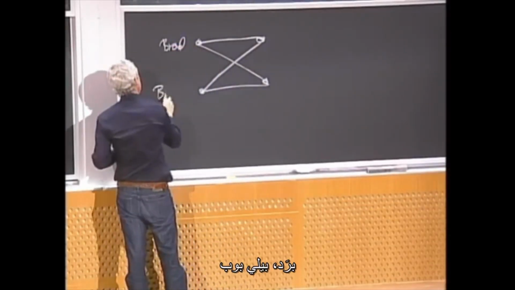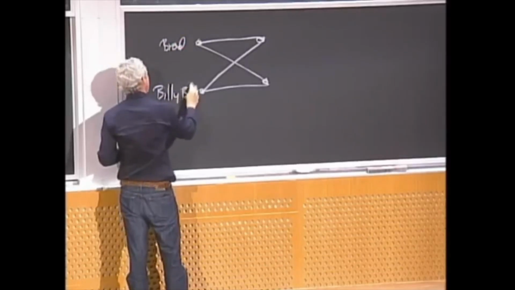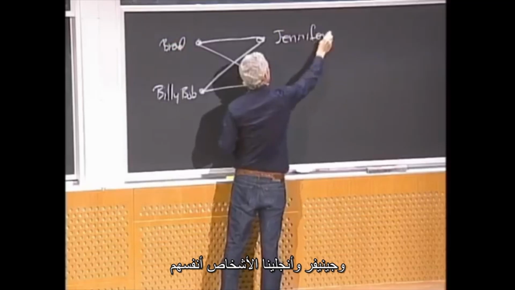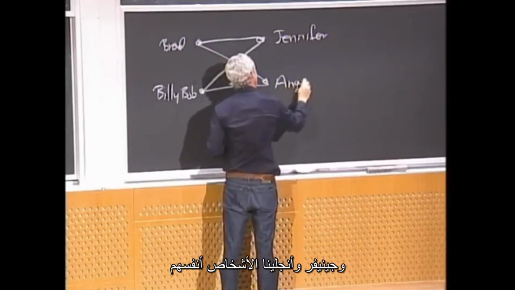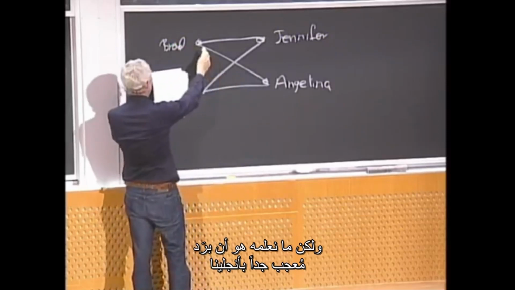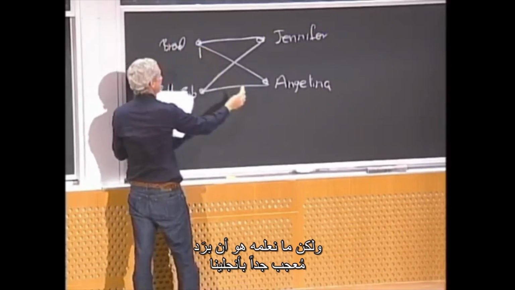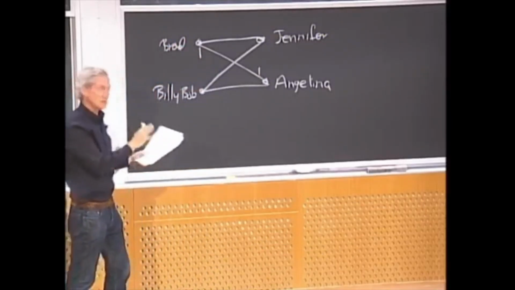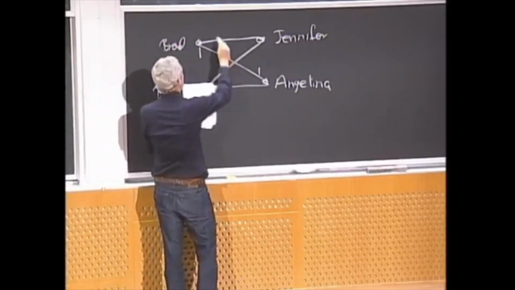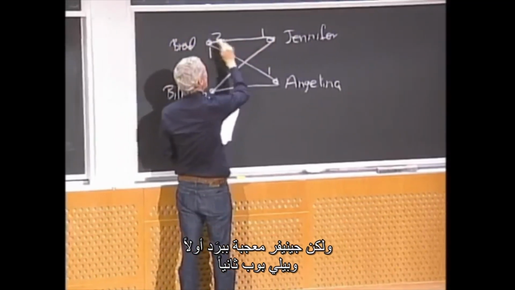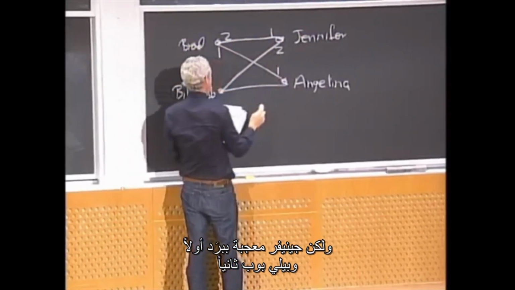So Brad, Billy Bob, Jennifer, and Angelina, same players. But what we do is we know that Brad really likes Angelina, and Angelina really likes Brad, so they're first choices. Number 2 for Brad is Jennifer, but Jennifer really likes Brad first, and Billy Bob second.